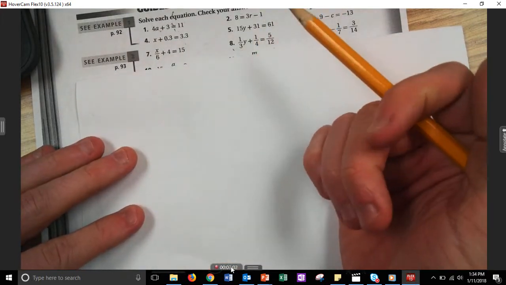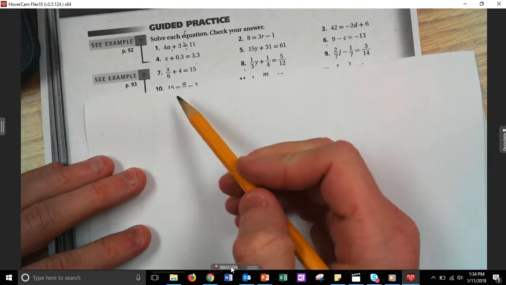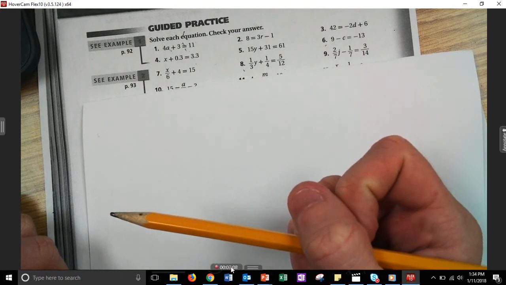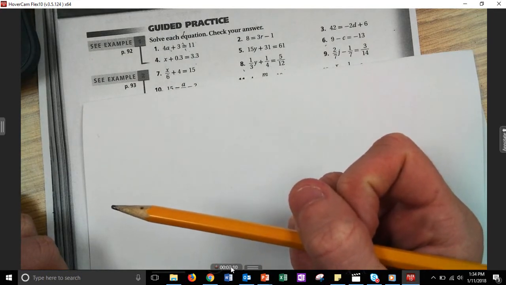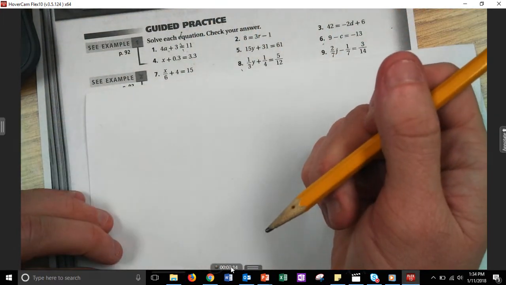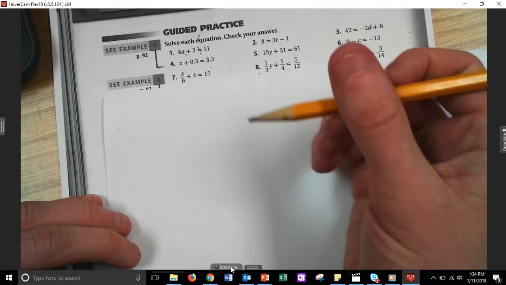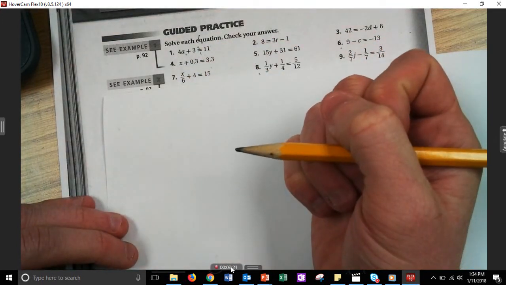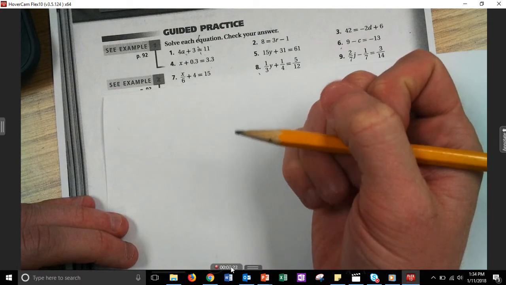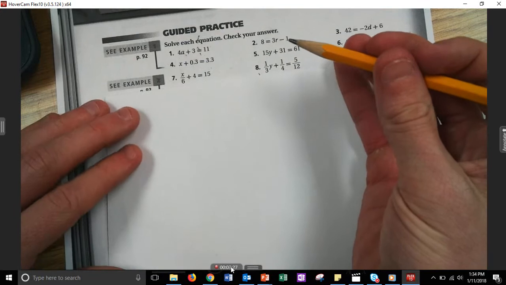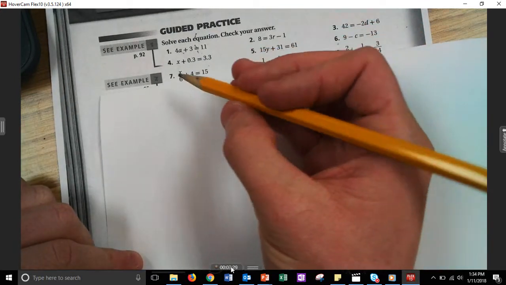So our next type of equation we're going to try doing is 7 right here, where we have a fraction, a whole number, and then our answer on that right side. This is the same two-step solution that we can do. Since we know that x is over 6, we have to get rid of the denominator. And the denominator here is 6. So what we can do here is multiply.